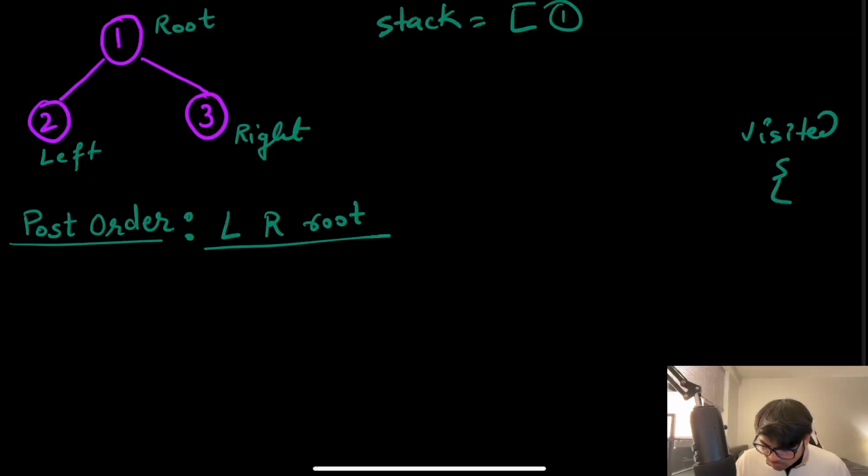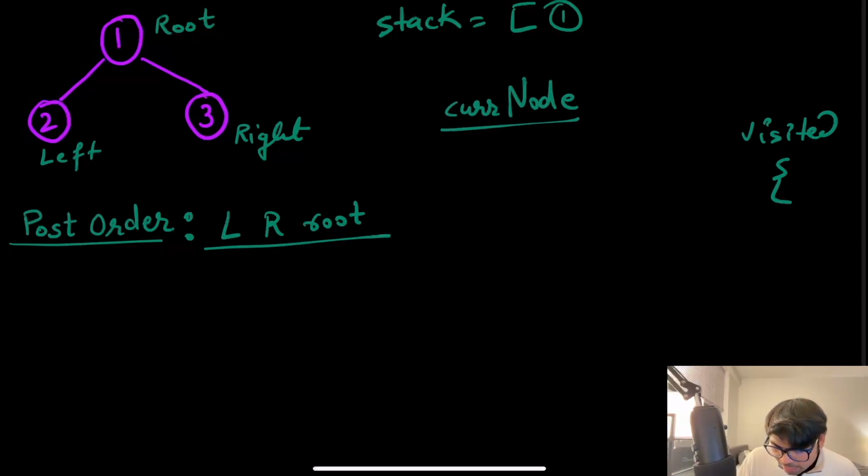Now I will start this while loop: if my stack is non-empty, then I will have a current node pointer. In my current node pointer, I will pop what is in my stack, which is currently the root. Is root visited yet? No, it's not visited. I'm visiting it right now. So I pop it out.